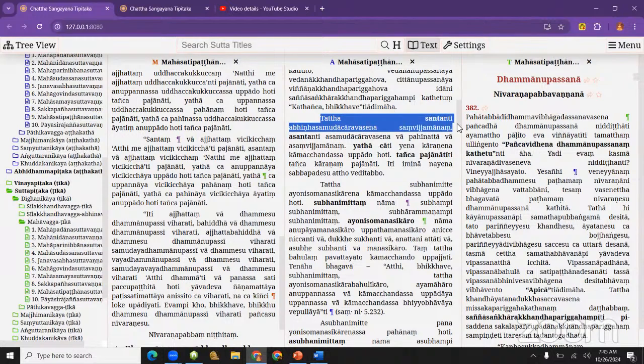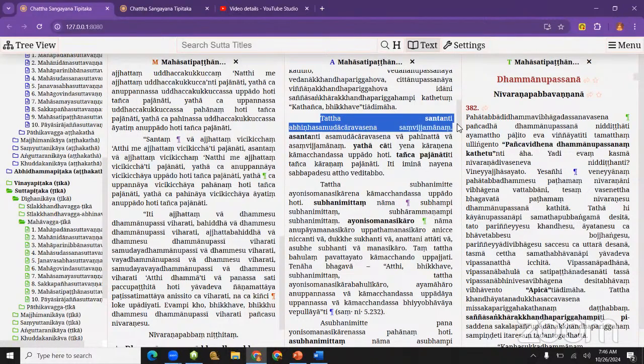Now, tattha santanti abhiṇhaṃ samudācāravasena saṃvijjamānaṃ. Saṃvijjamānaṃ means existing, right? Existing. So santa means the present. Present means abhiṇhaṃ samudācāravasena saṃvijjamānaṃ. Abhiṇhaṃ means frequently. So santa means present, existing frequently in the mind.